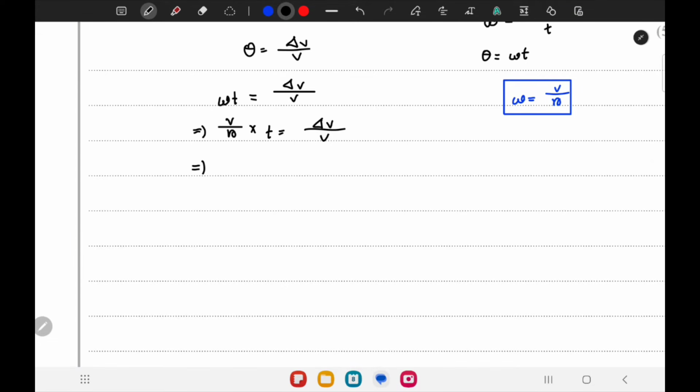Del v by t is the acceleration. So cross multiplying, we'll get v by r times v on this side, del v by t on this side. Del v by t is equal to the acceleration, and on the other side we have v square by r. So we have shown what they wanted us to.